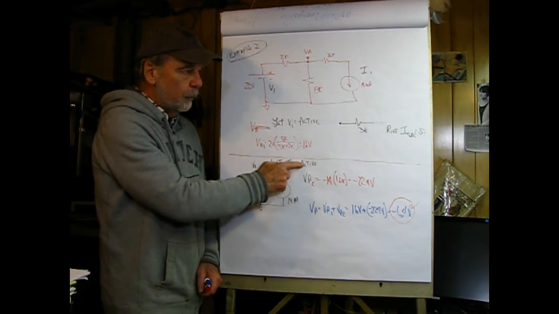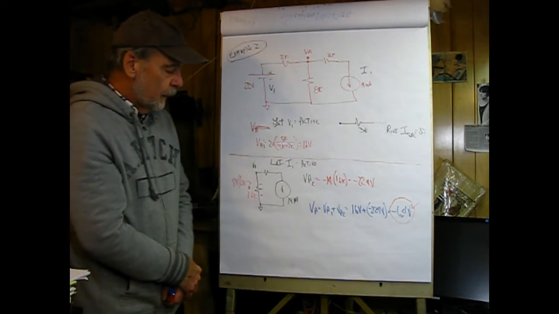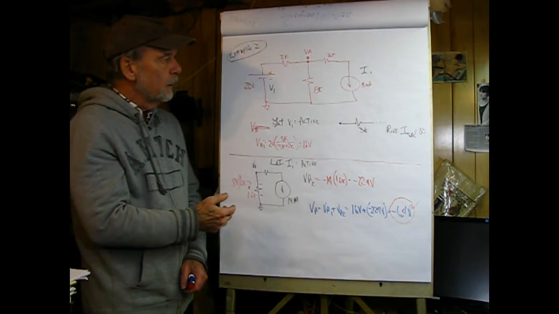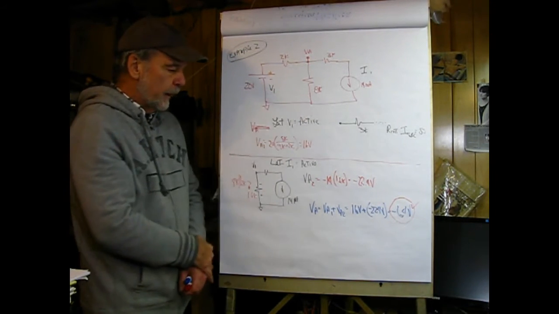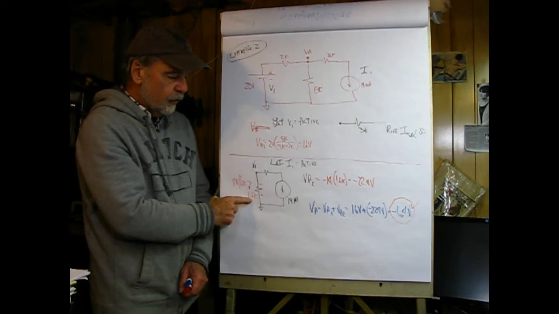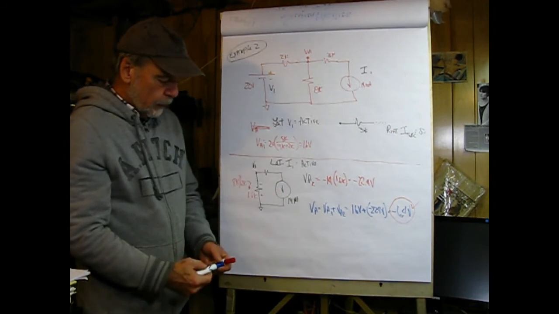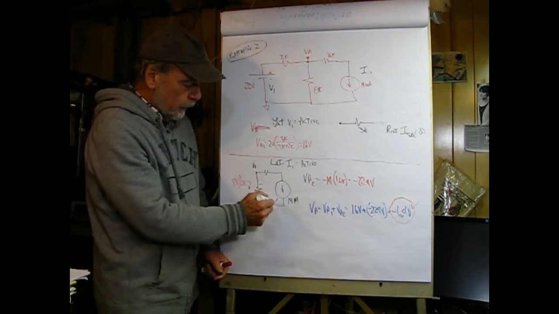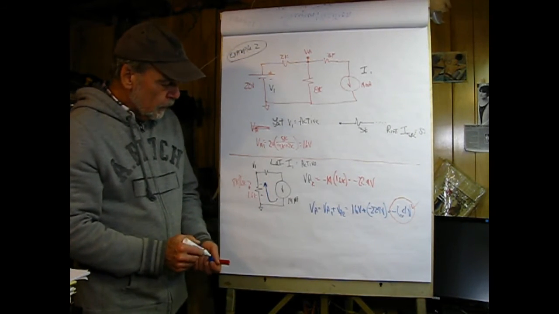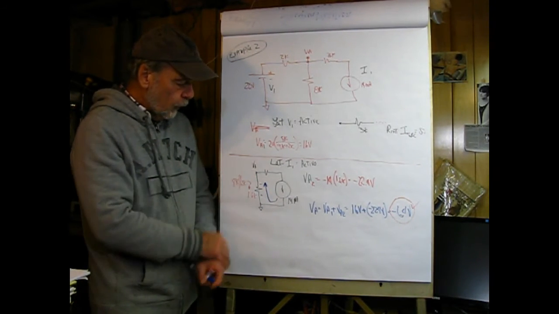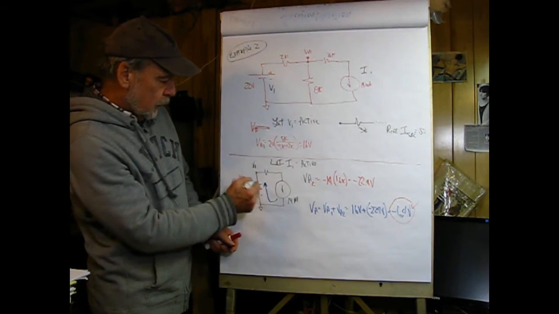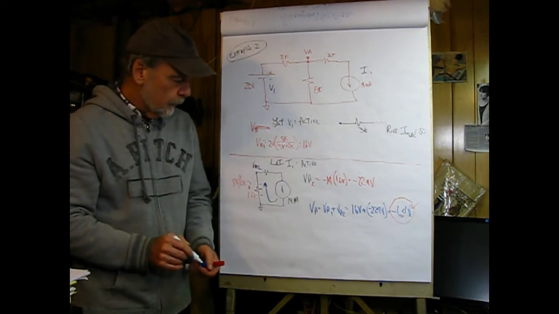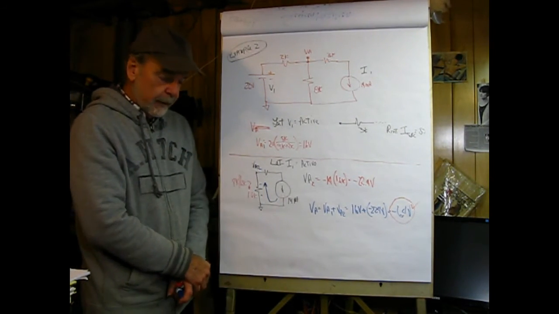Now I'm going to let I1 be active. That's our current source here. Then I would have to replace this by its equivalent internal resistance, which is a short circuit. What that'll do is put 2K in parallel with 8K again, which will give us 1.6K, and then that's going to be connected to our current source of 14 milliamperes, and the current is going to flow in this direction up through the resistor, which means that the top of the resistor here, VA2, is going to be negative with respect to ground.